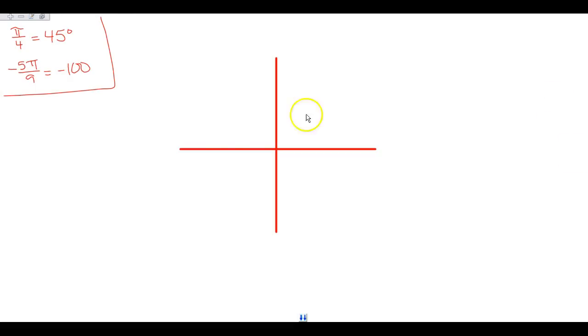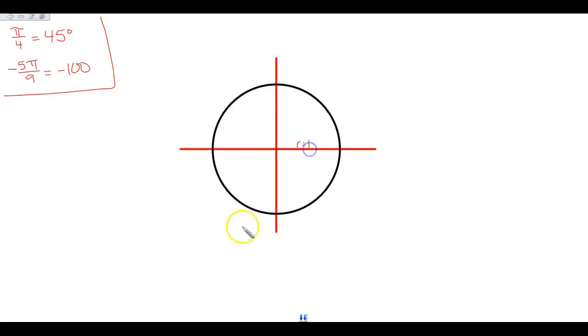Okay, so we're going to take a look at this circle. In your unit circle, your radius is always 1. All right, so let's think about this. Remember that I'm going to take my degree and multiply it by pi over 180. So when I'm converting to radians, this is where it goes.